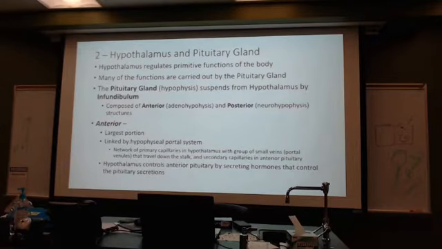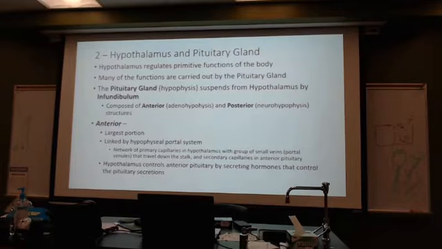Everywhere else in the body, from the capillaries, the veins would simply return it to the heart. So in a portal system, they take it from the primary to the secondary first.